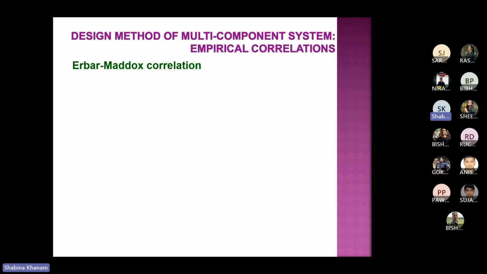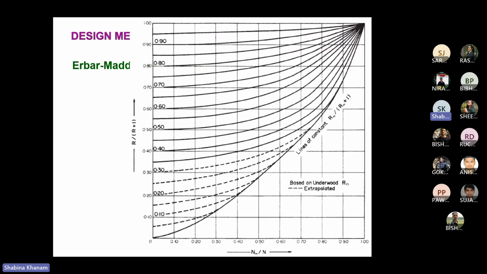So this Erbar-Maddox method, as I have told you, is an empirical correlation. But the first graph is this. So you can say that this is again the graphical approach, but no, this graph we will use to see the values only. The number of trays and other parameters we will calculate by empirical correlations.